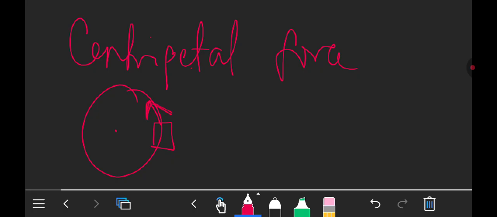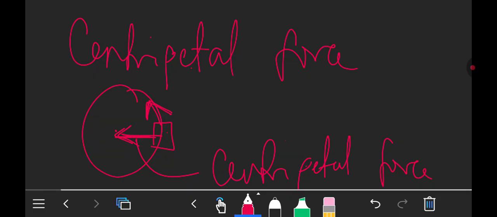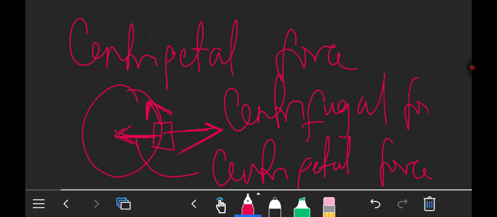The force that pulls this object toward the center is what we call centripetal force. But there's also a force pulling the object away from the center, in the opposite direction to the centripetal force. This force is what we call centrifugal force.